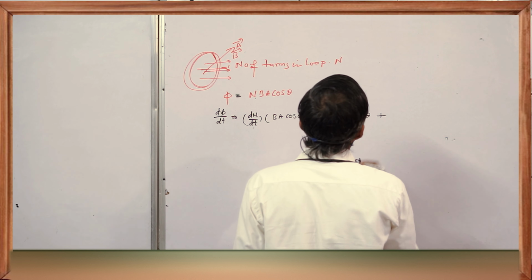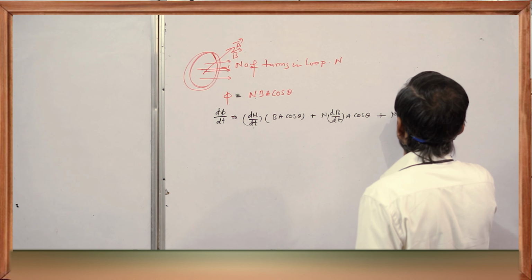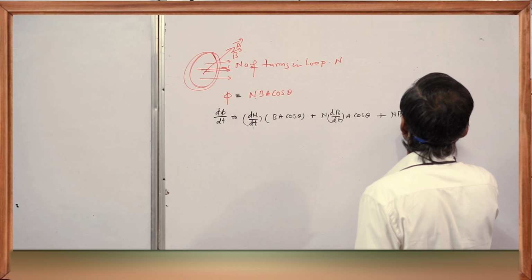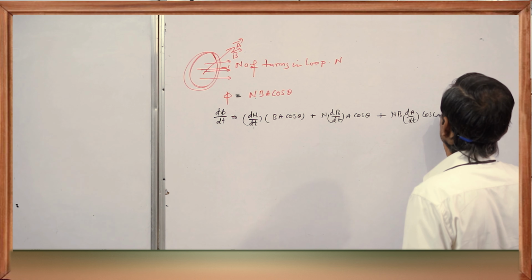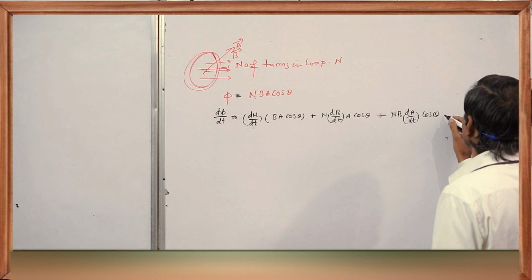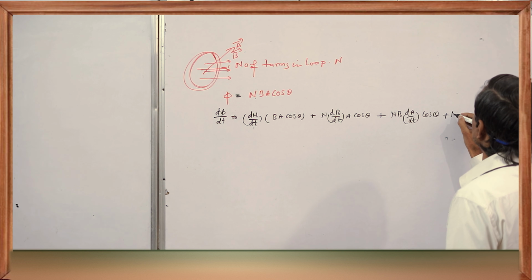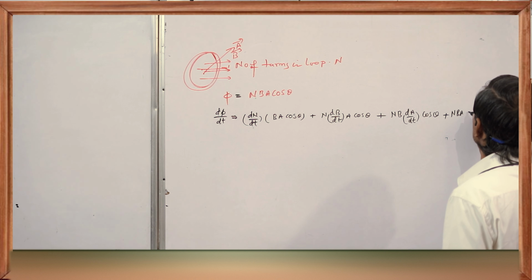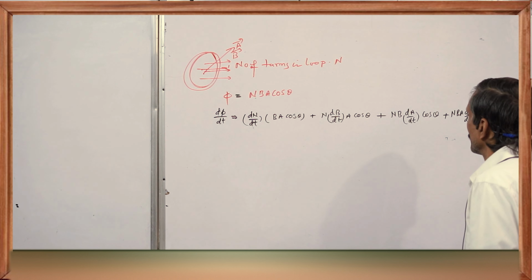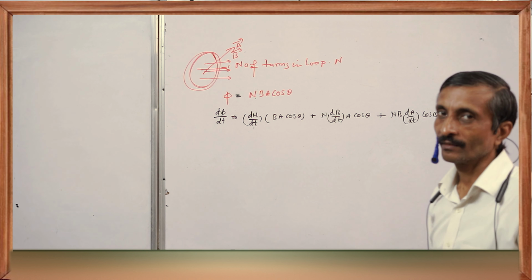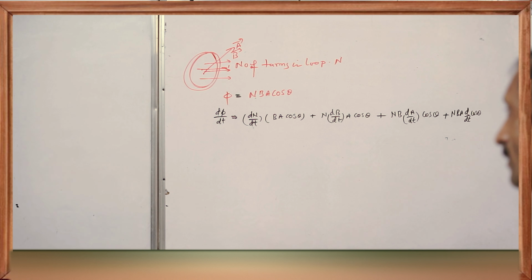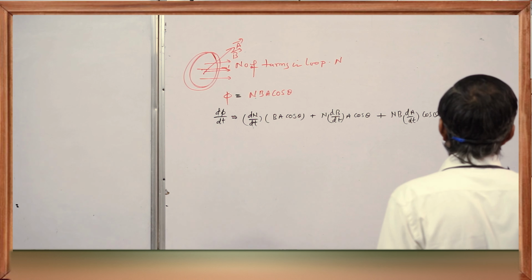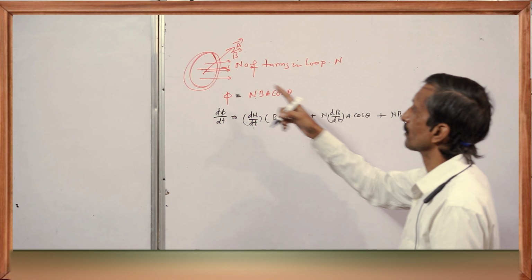Further, N B dA upon dt, and the other terms are not changing. And next, N B A d cos theta upon dt, where the trigonometrical ratio, the angle between them, is changing.